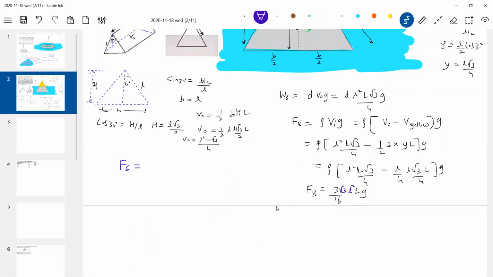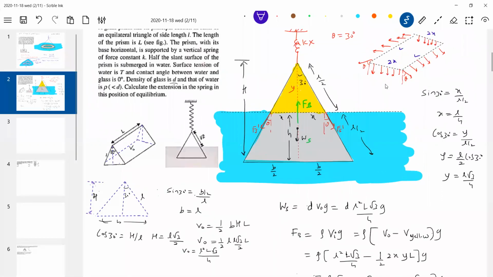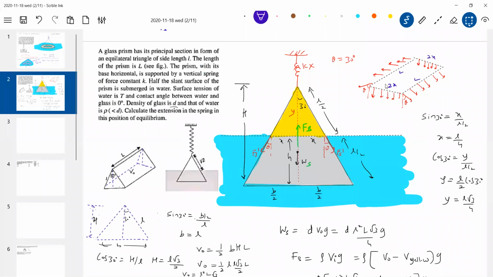Now, force due to surface tension we'll calculate. I'll bring the total diagram so that you can make observation.